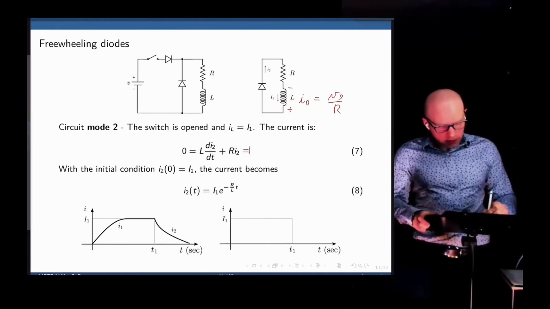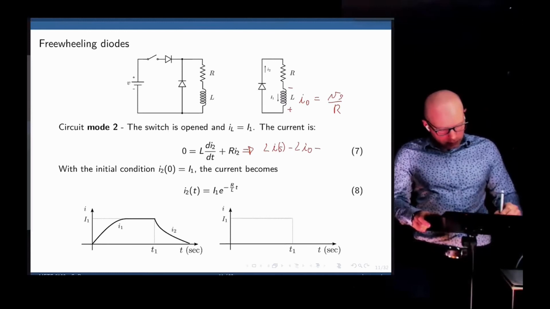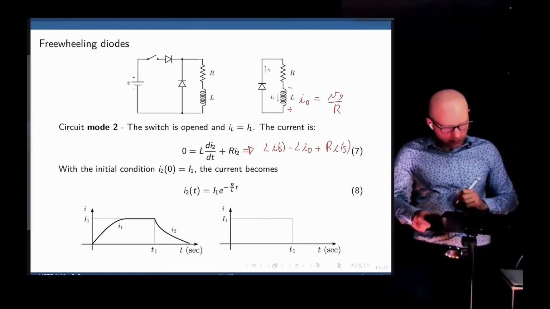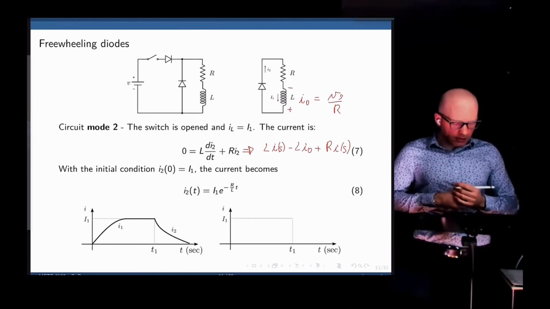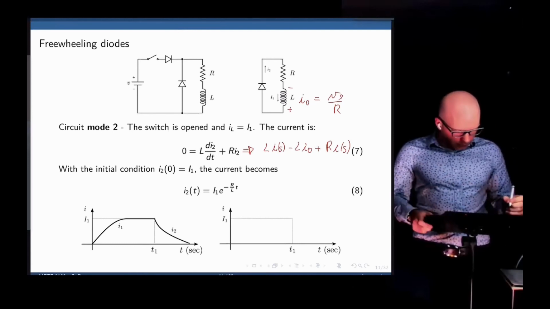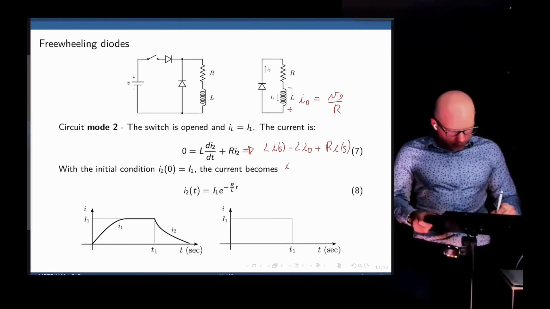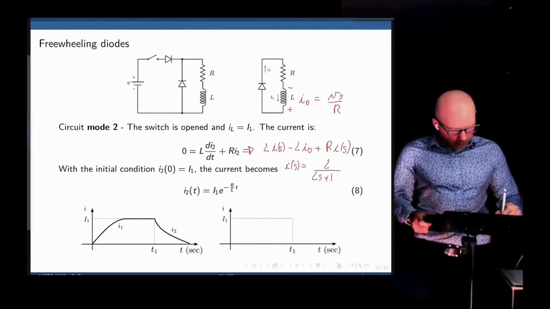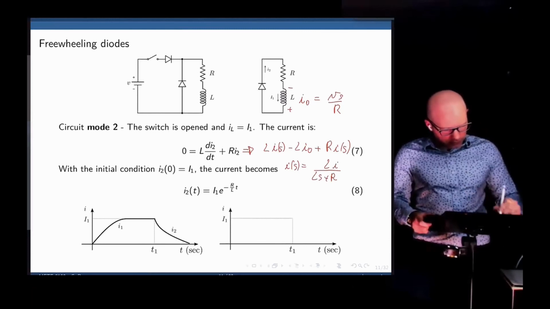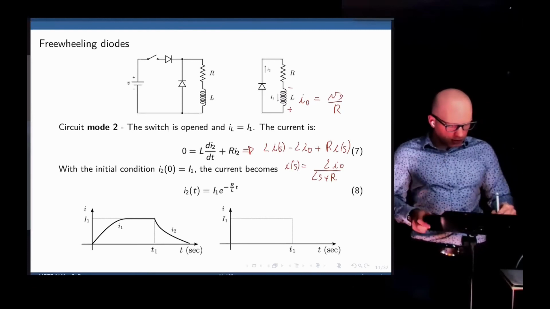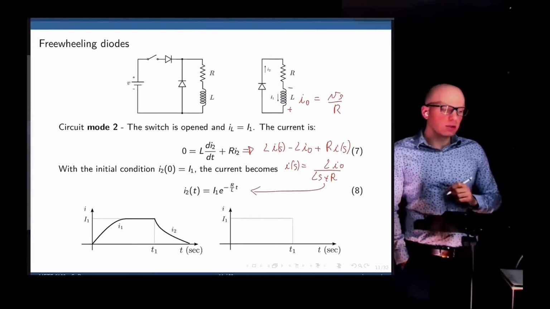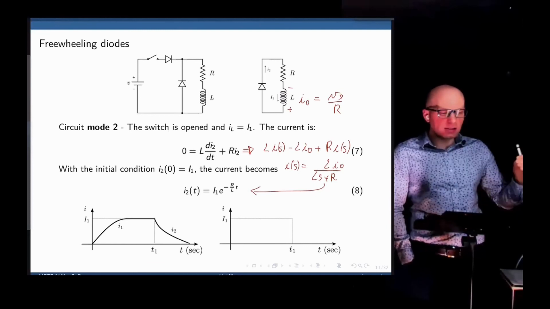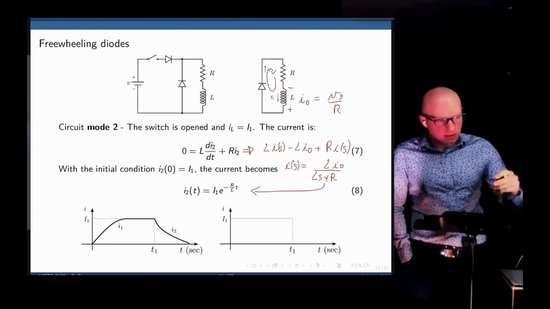When you take the Laplace transform of this, we are left with L S I of S minus L I0 plus R I of S. And you can now solve for I of S. I of S should be something like L divided by L S plus R times I0, I believe. And when you take the inverse Laplace transform, here is now the new current through the circuit that simply decays and loops around here until it dies out to 0.